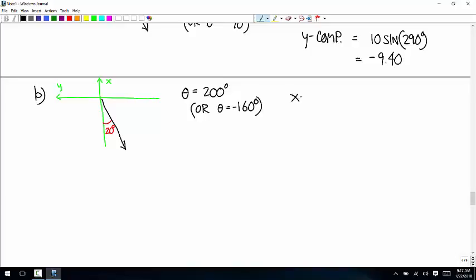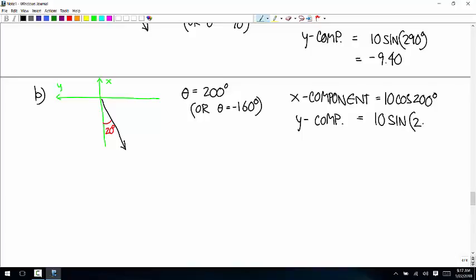And so the x component is equal to 10 times the cosine of 200, and the y component is equal to 10 times the sine of 200. Well, this is negative 9.4.